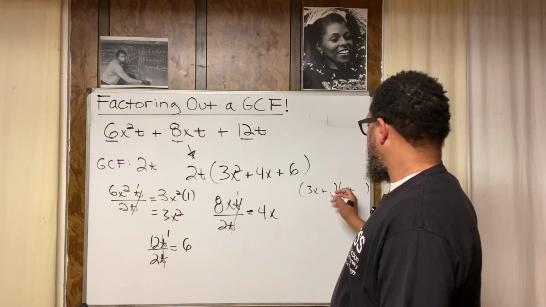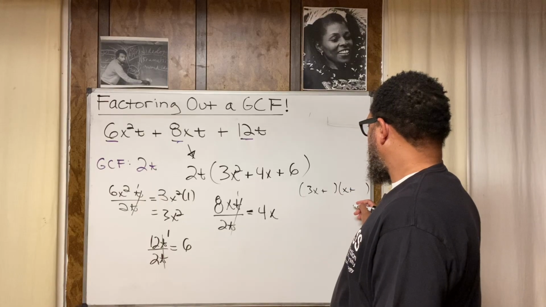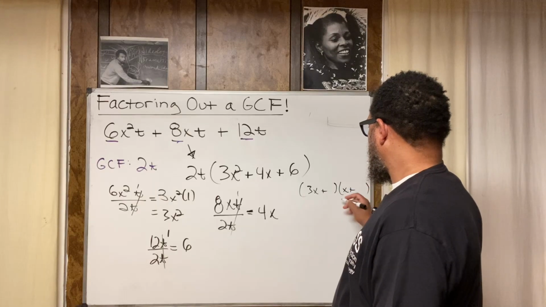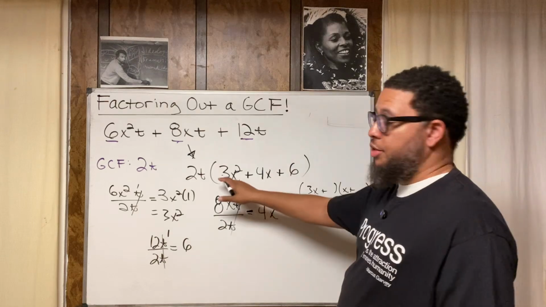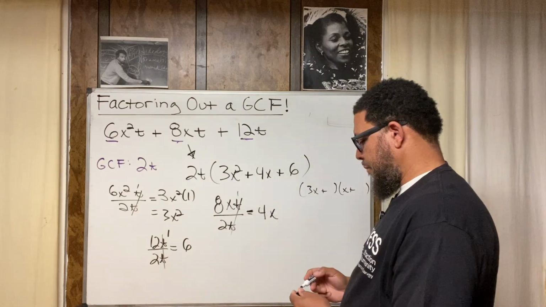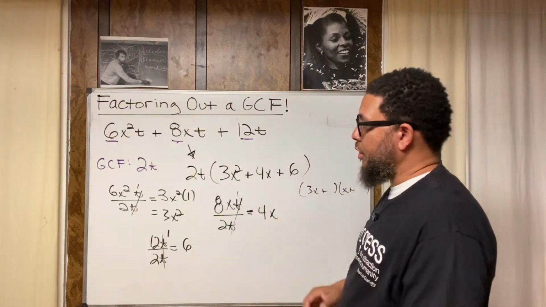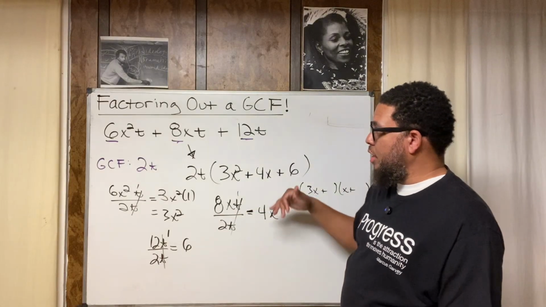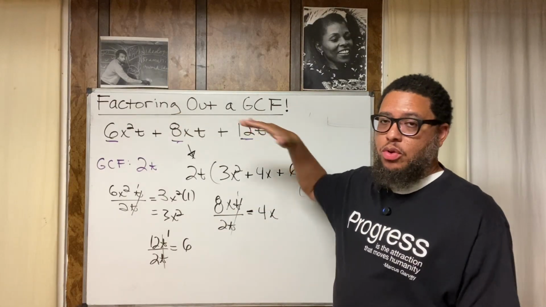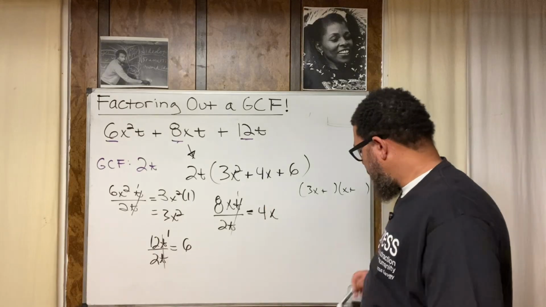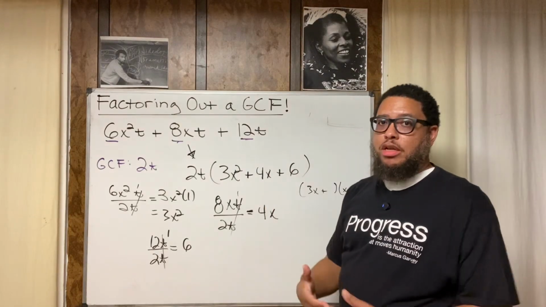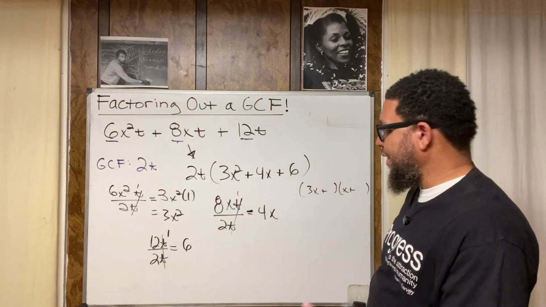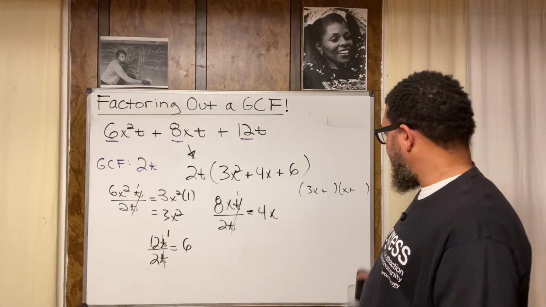Three and 2. 1 and 6. I don't think this can be factored any further. I could be wrong, but even if it could, that is beyond the scope of what I intended to show you in this video. So it's irrelevant in this particular circumstance.